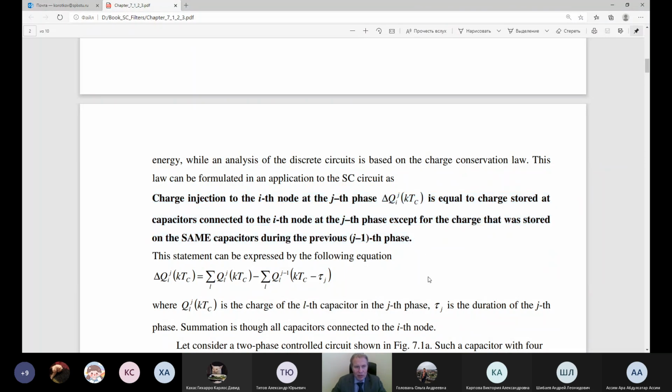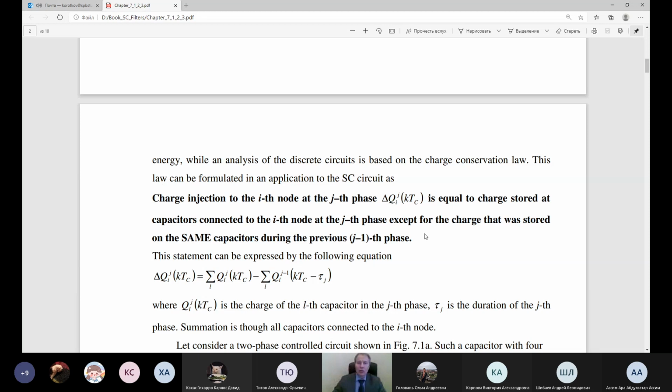Yeah. So, it is possible to say that the charge injection to the eth node at the gth phase, delta Q, is equal to the charge stored at the capacitor connected to this node at this phase, except for the charge that was stored on the same capacitor during the previous phase.